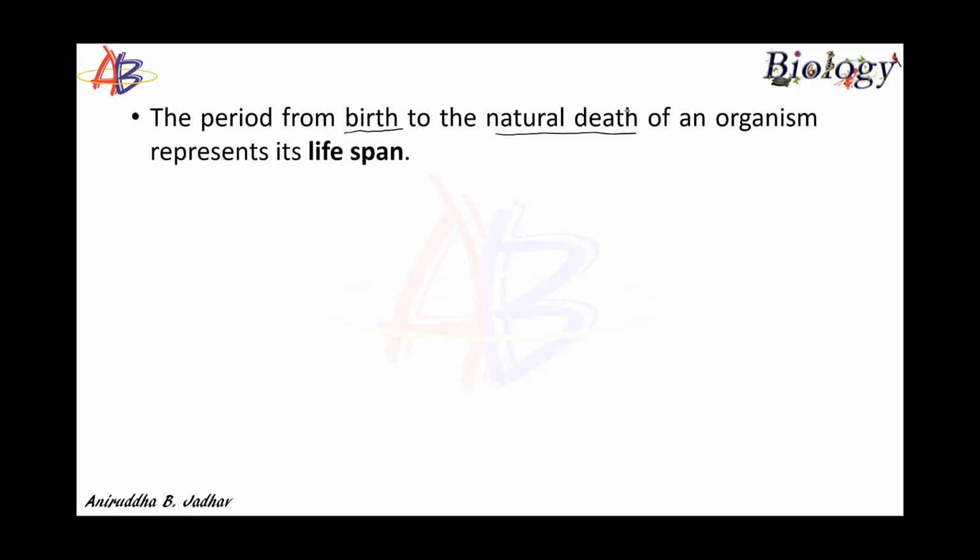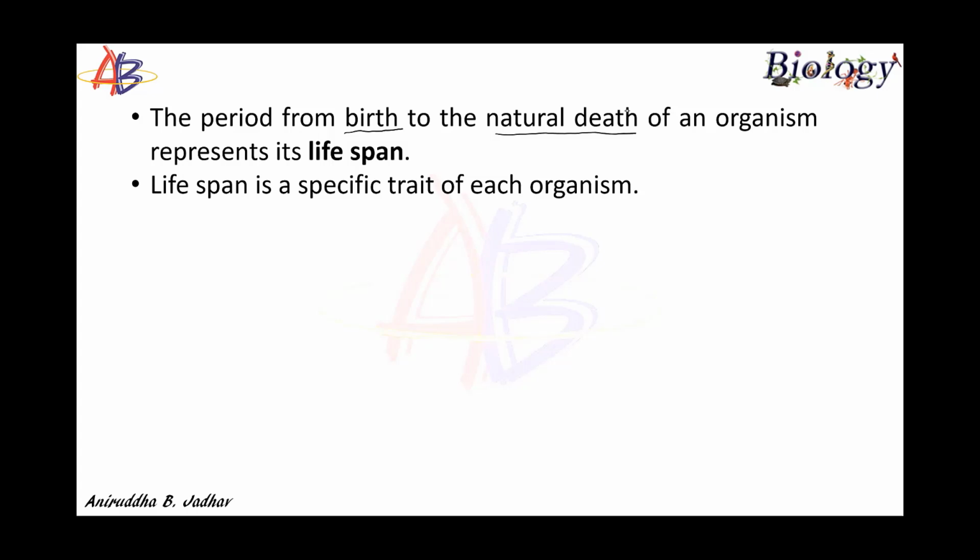Now, in every living organism, this lifespan is considered to be a specific trait. So what does it mean by a specific trait? As we know, during the process of evolution, every living organism has got separated from each other by getting certain specific characteristics, right?